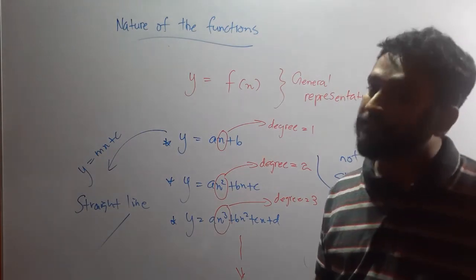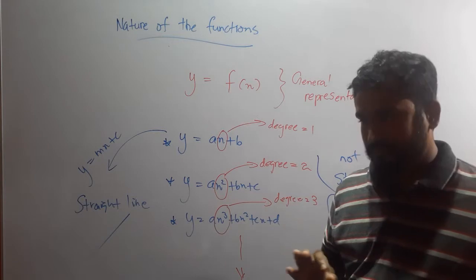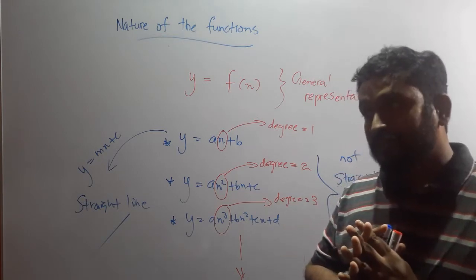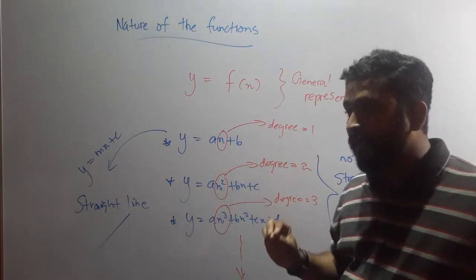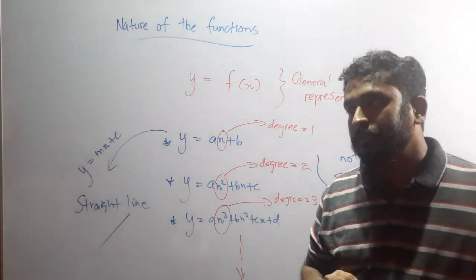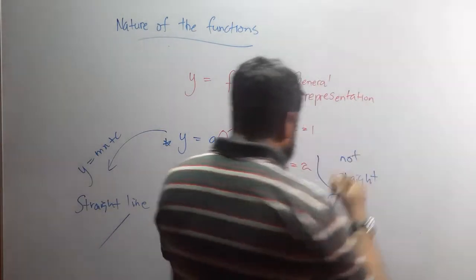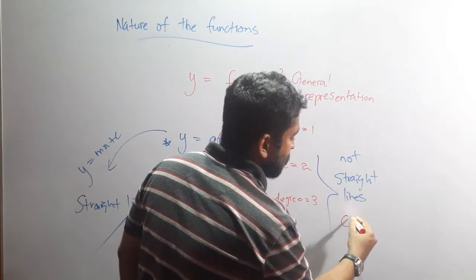It is a curve. Parabola, yes. We will define the specific names for the degrees one by one, but in a common term, it is a curve. So not straight lines means that everything is a curve.